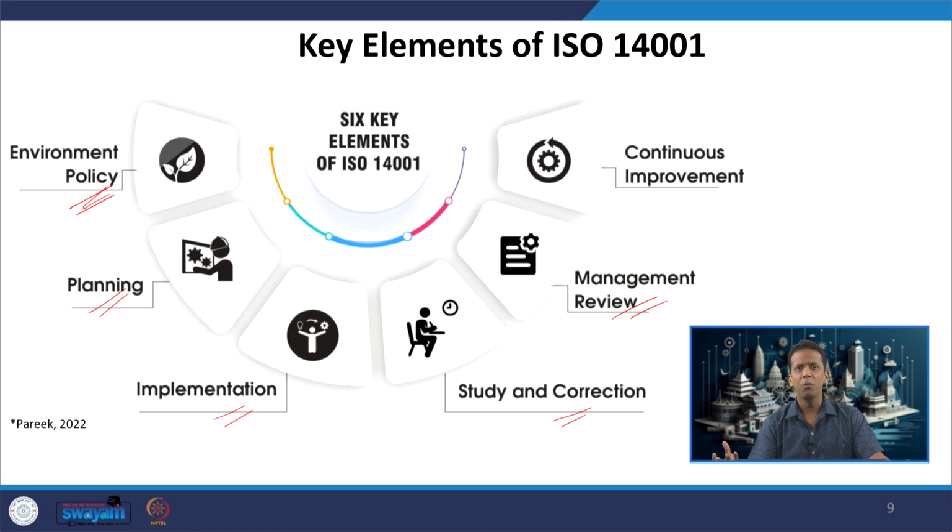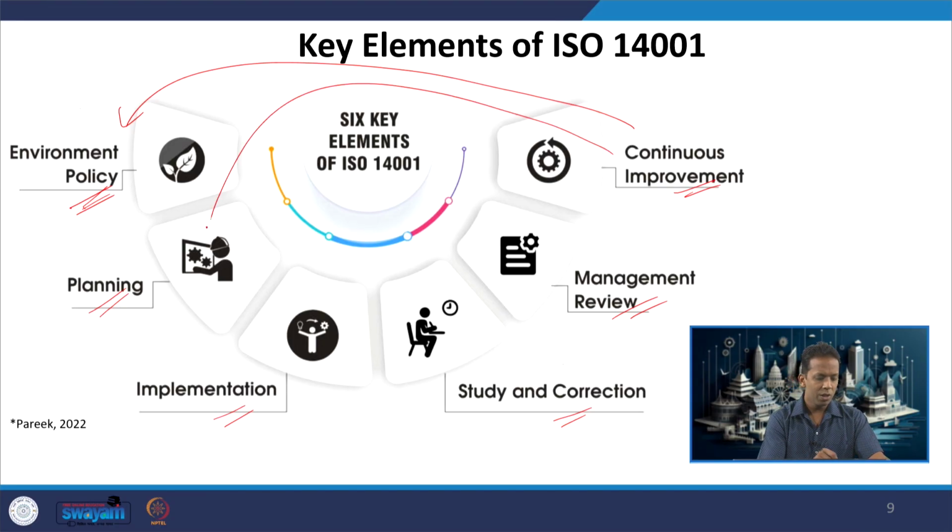So, here we can say monitoring and auditing. That management review is like the fifth key element of ISO 14001, and after the review, if there is scope for further improvement, we may suggest or recommend changes in the environmental policy. We may recommend some changes in the planning stage, because whatever is decided in the policy and planning stage would get implemented in the subsequent stages.